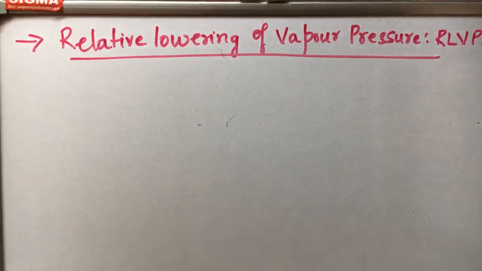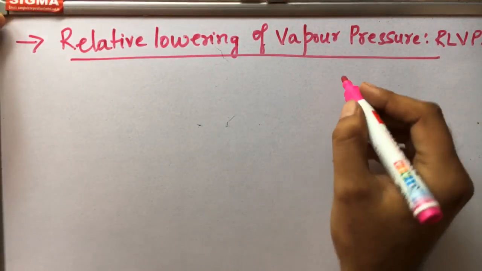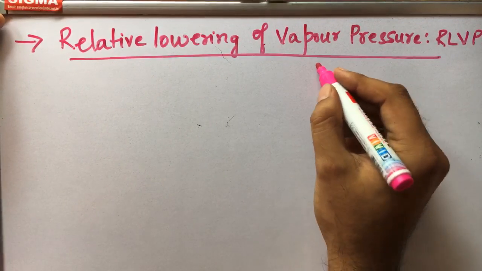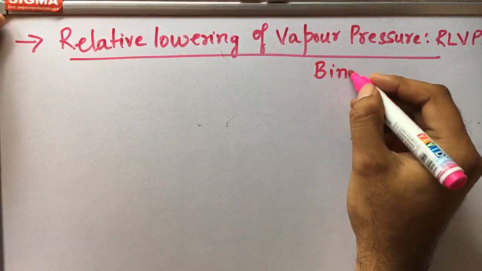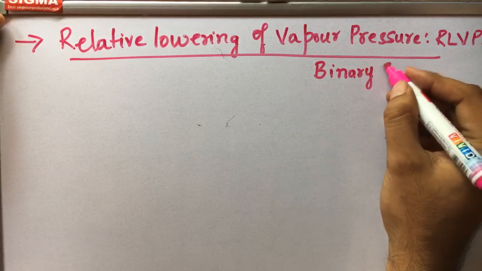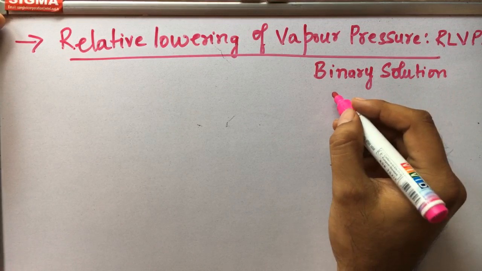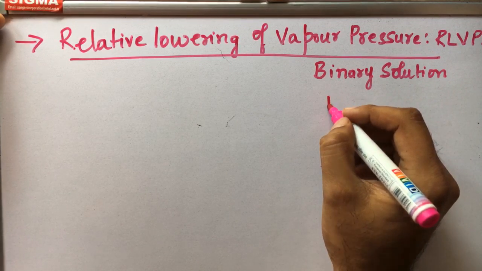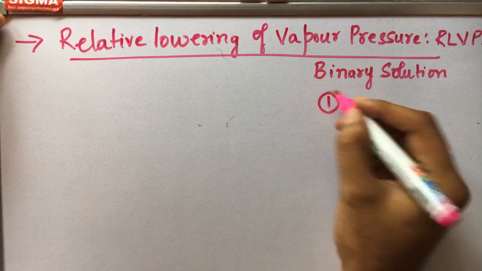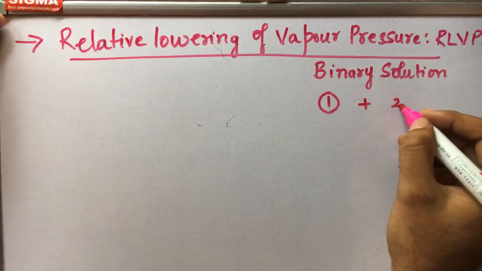As we have studied in the last class, we are always preparing a binary solution. What do you mean by binary solution? Which is made up of two components. Now let us say we are preparing the solution by mixing component 1 and component 2.